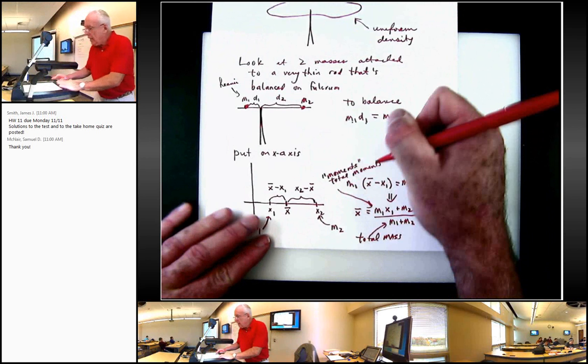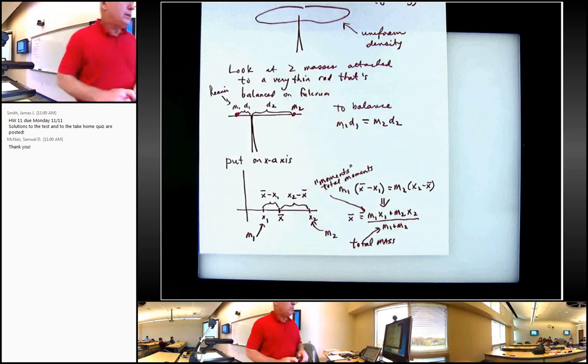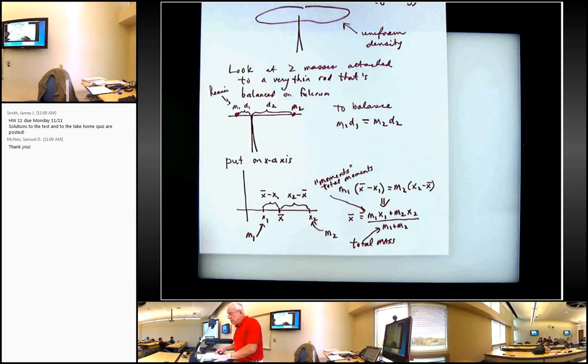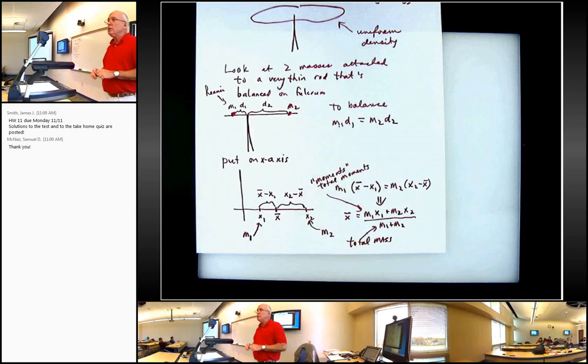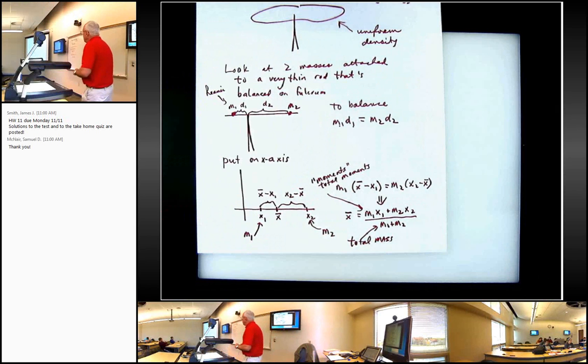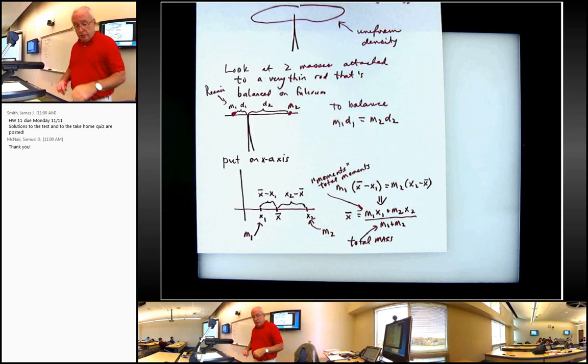I tried to Google why they ever started to call these things moments, and I didn't really get a very satisfactory answer online. But that is what they're called. So it's basically distance times the mass.